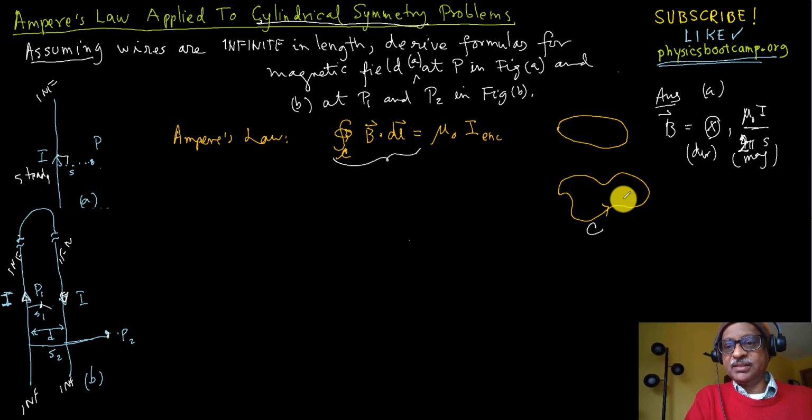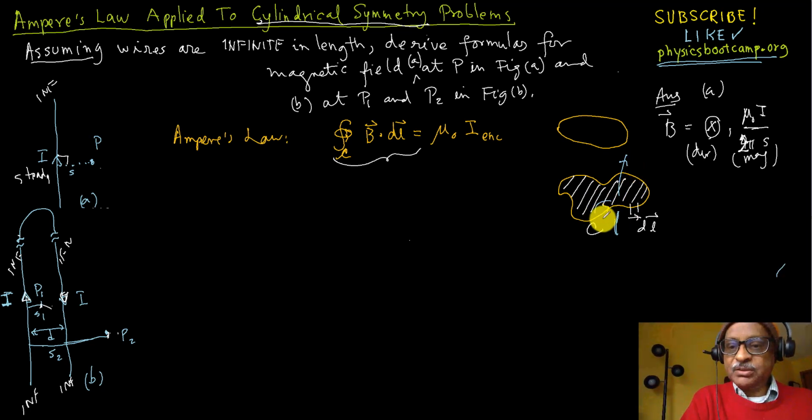So this is C around this, and the dl is the dl vector, a small element on the loop in the direction in which you have defined the orientation of the loop. And then you look at how much current actually went through it. If the current is going through it, this will be a positive current. If I take a right hand loop, because of this direction, this is the positive direction.